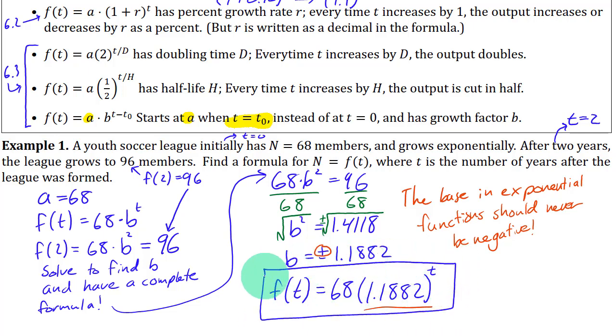If you want to check it, it's not a bad idea. You could just plug in t equals 0, and f of 0 should be 68, because that's what it was initially.